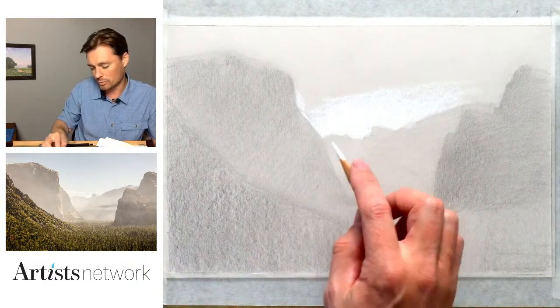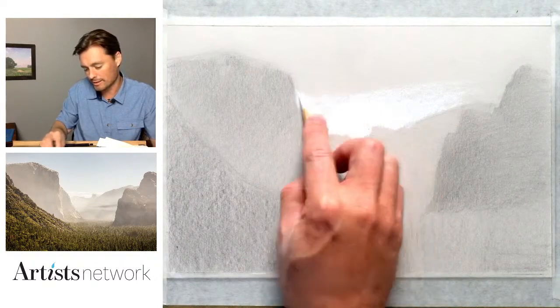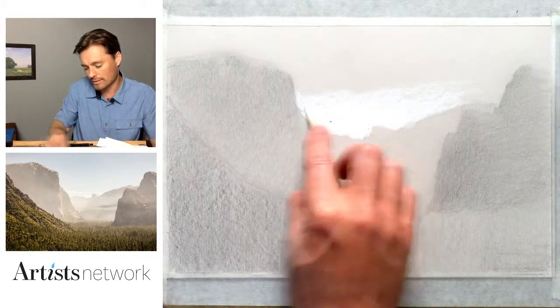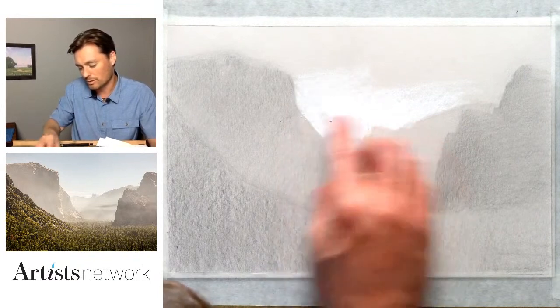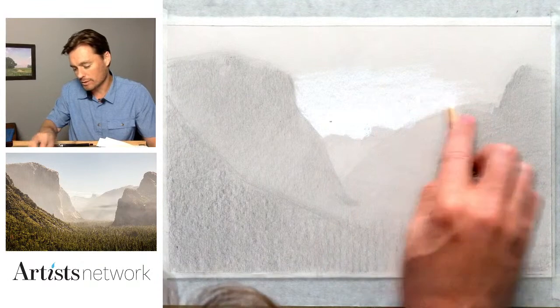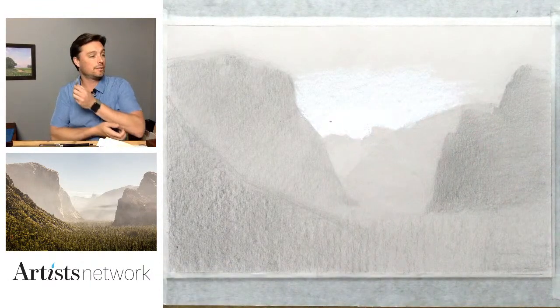It also will mix with the white charcoal to create a bluish gray, and I don't really want that in the sky. I like the feeling of warmth in this landscape as a whole. But I don't know if I'm addressing your question, so if not, let me know. All right.